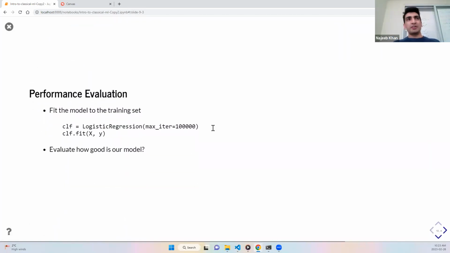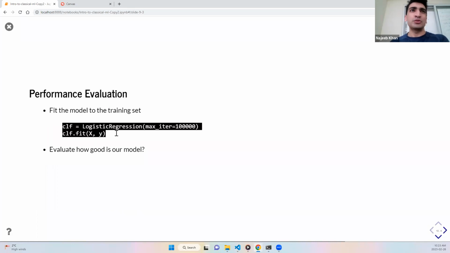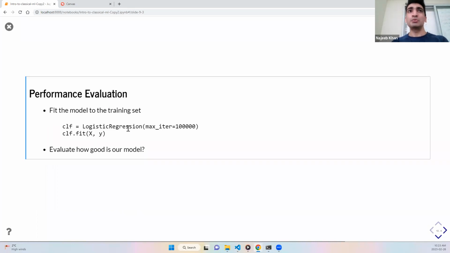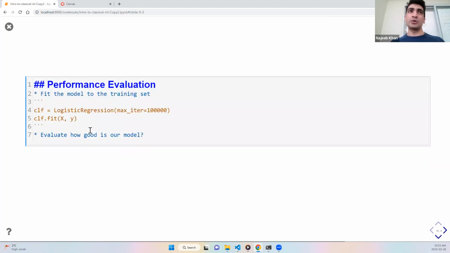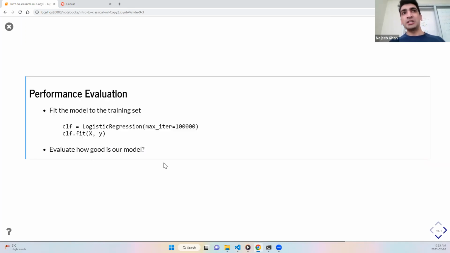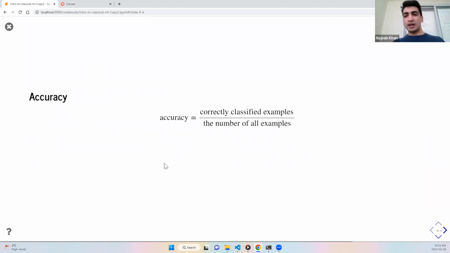Okay, so now just in 2 lines we can do logistic regression, but how do we evaluate whether the classifier is good or not? There are a bunch of metrics for evaluation, and the first simple one is accuracy. It's basically the correctly classified examples divided by the number of all examples that we present to the model.